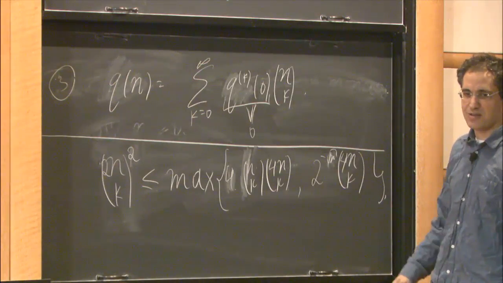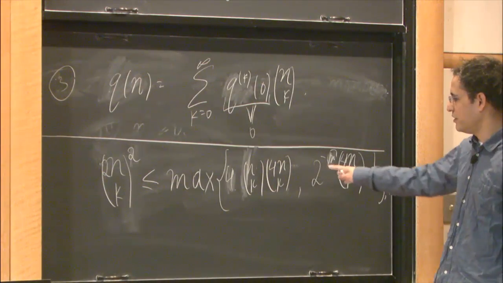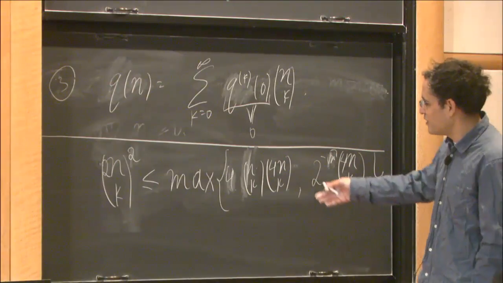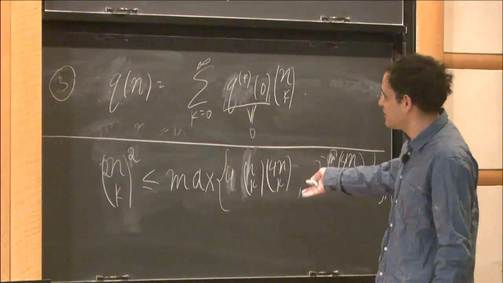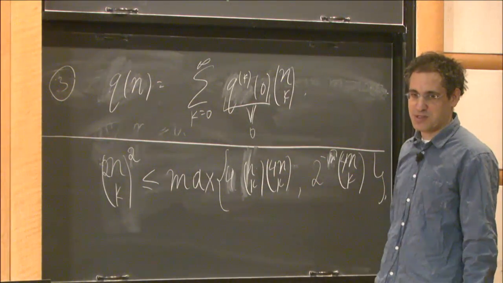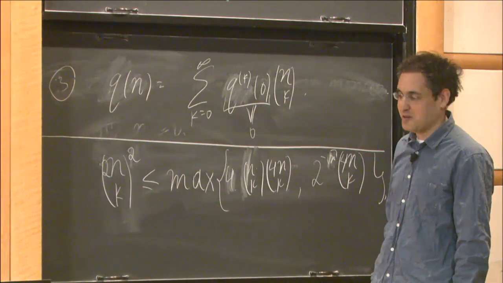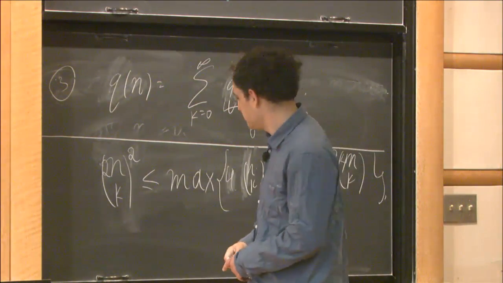Just by direct estimate, it's not a difficult estimate. Then I estimate the maximum by the sum because I want it to be preserved under additivity. And then I get it for any function.